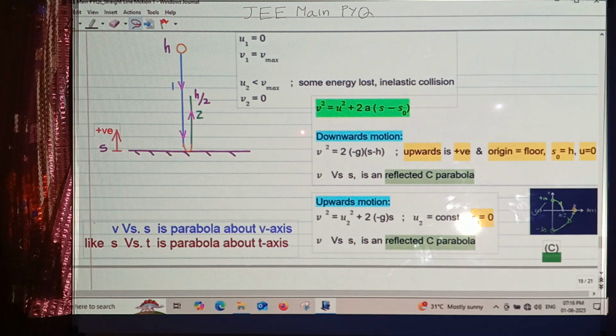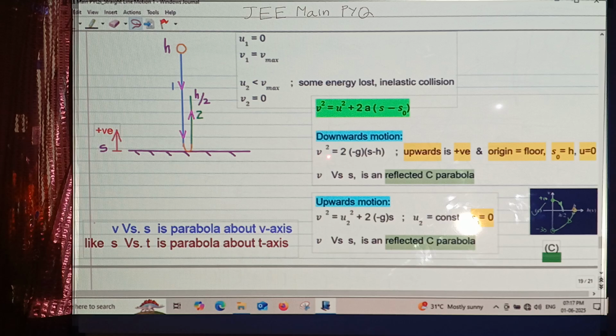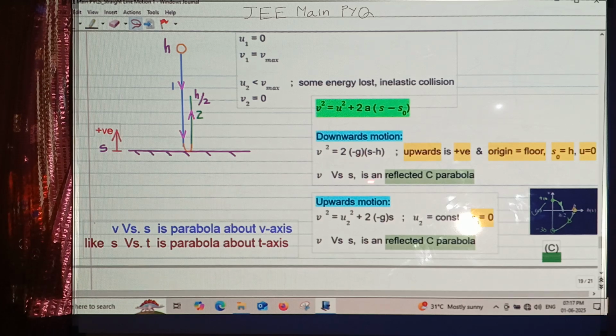Using the third equation of motion, v square will be u square plus 2as. Instead of s, we have s minus s naught because there is some initial displacement with this choice of origin. On this displacement axis, this is the origin, so according to this choice, the initial displacement is h. The first part of the motion is downward motion. For that, v square equals u square, which is 0, plus 2 times acceleration minus g, because the earth is pulling it down, times s minus s naught.